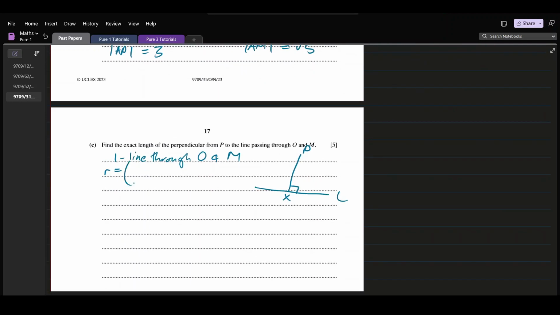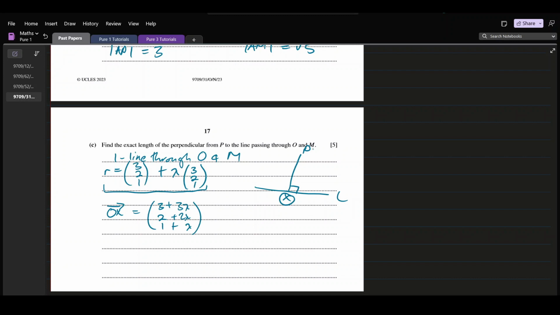I'll write it as a column vector, (3, 2, 1), plus lambda times the direction vector, which is also (3, 2, 1) since this is the line through O and M. Now we can find the general coordinates of point X, so OX has the coordinates 3 plus 3 lambda, 2 plus 2 lambda, 1 plus lambda.